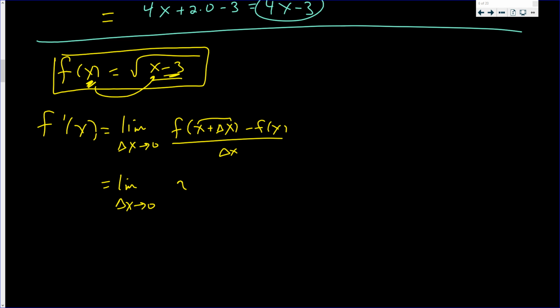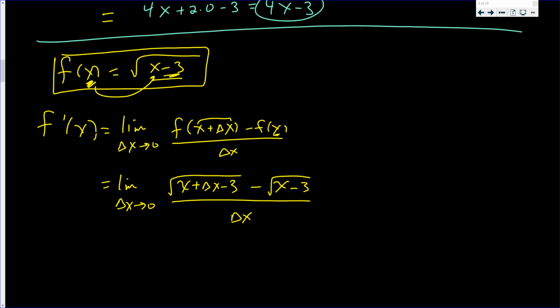I take away 3 from what's in the brackets, and then I take the square root of it, minus. I take away 3 from what's in the brackets, and I take the square root of it, all over delta x. Your main goal is to cancel out delta x over delta x.